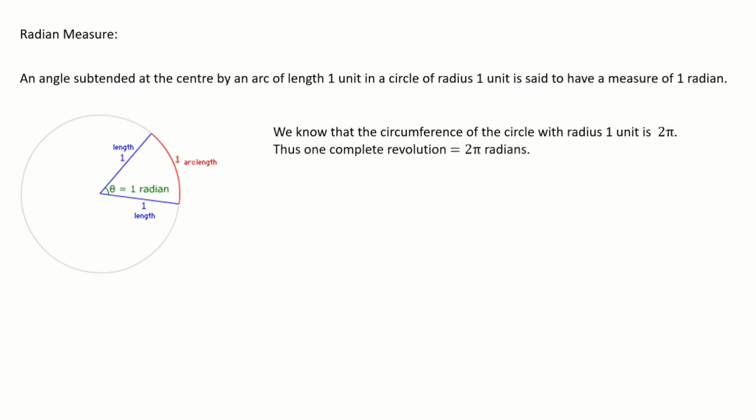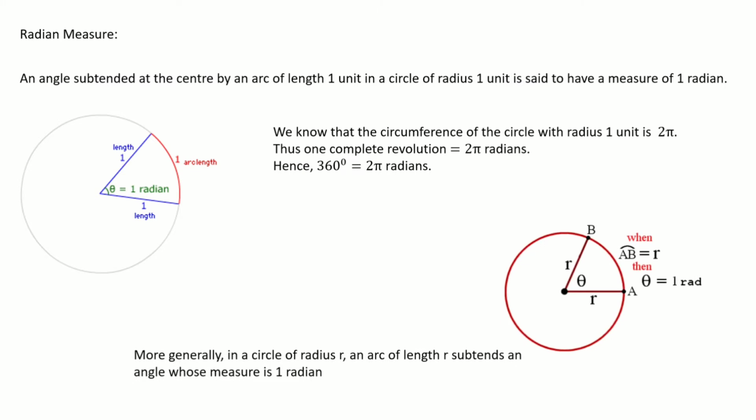Thus, 1 complete revolution is equal to 2 pi radians. In terms of degrees, 1 complete revolution is equal to 360 degrees. Hence we have 360 degrees is equal to 2 pi radians. More generally, in a circle of radius r, an arc of length r subtends an angle whose measure is 1 radian.